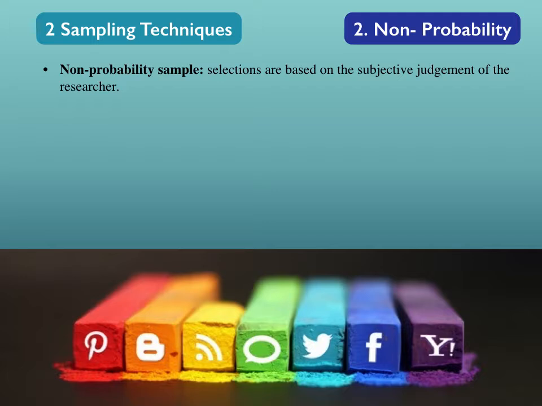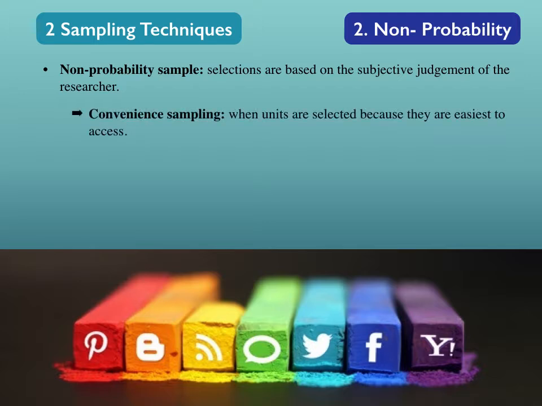Okay, the second sampling technique is non-probability sample. The selections are based on subjective judgment of the researcher. So this would be a convenience sample, when units are selected because they are easier to access. So say I wanted to do research on JMU students, and I teach 3 classes.